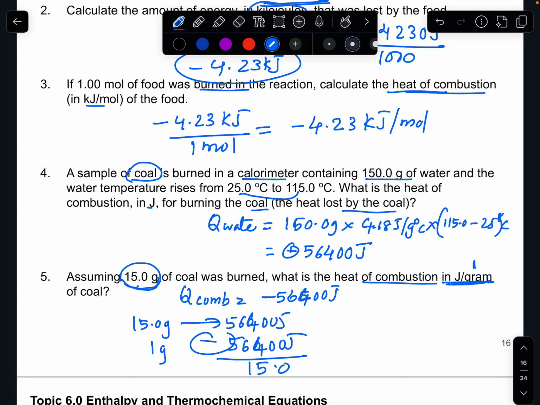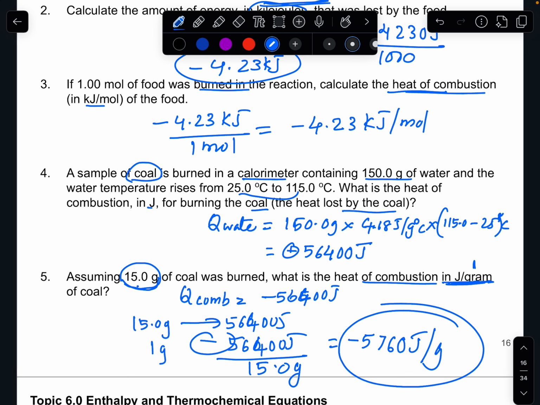That's it. So you will get negative 3,760 joule per gram. You check the calculation.